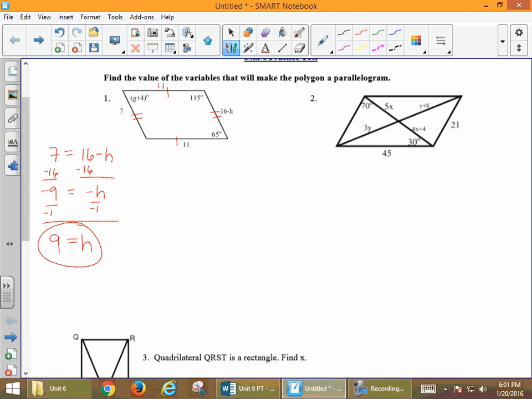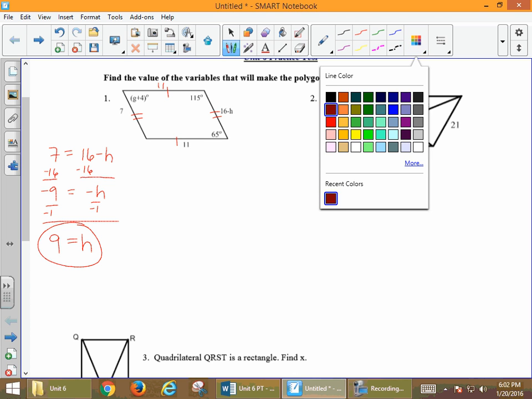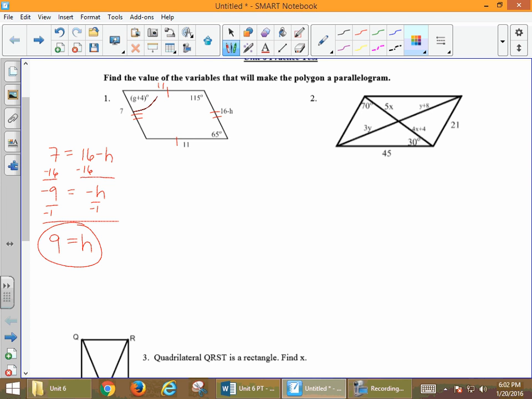Now to find g, not only do we have opposite sides congruent, but we also know that we have opposite angles congruent. So this angle will be congruent to this angle. Right? The top left will be congruent to the bottom right. Top left angle we call g plus 4, and g plus 4 will have to be equal to its opposite angle, which is 65.